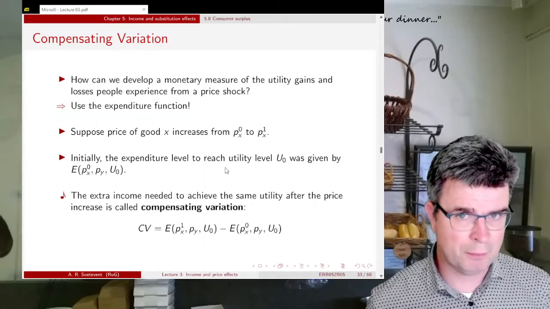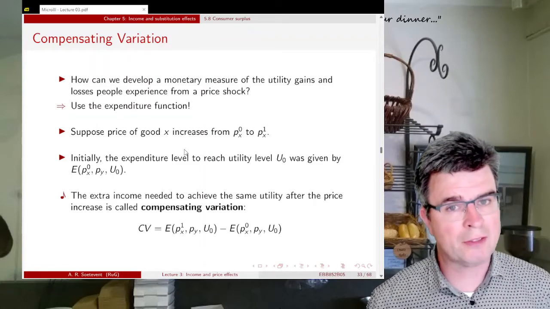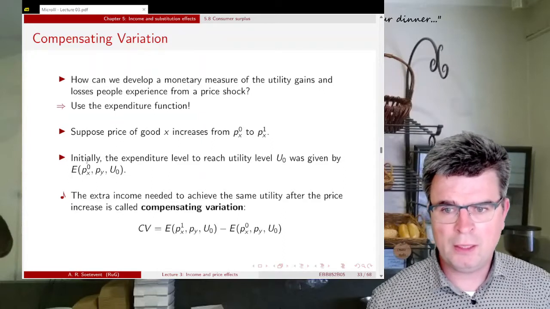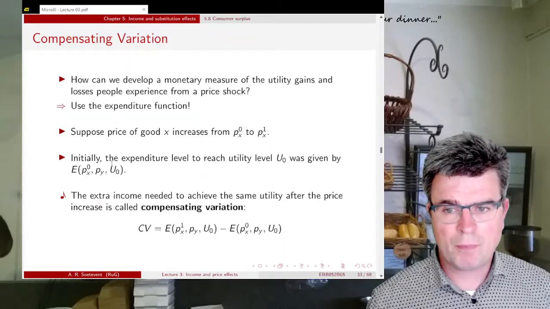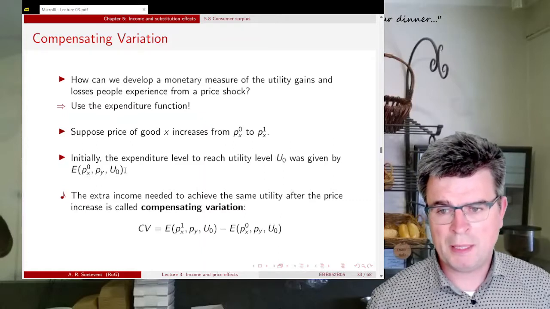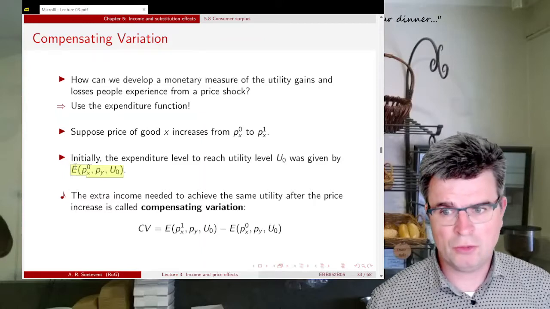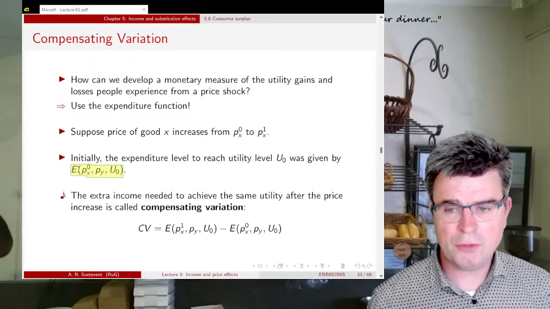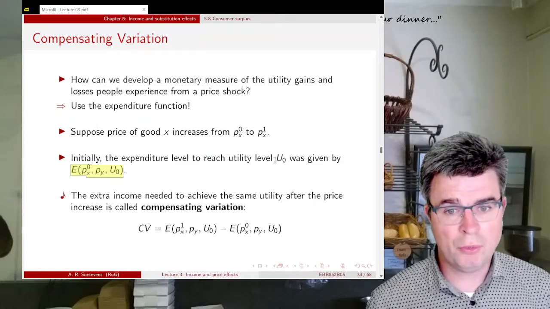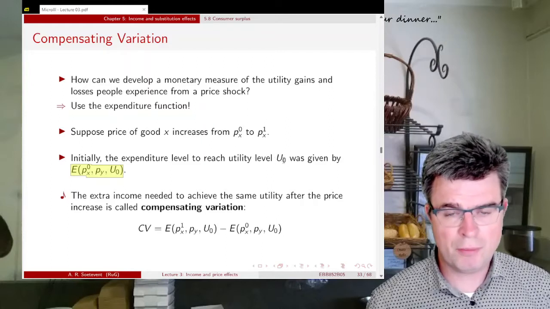So suppose that the price of a good X increases from P0 to P1, and initially we could reach a utility level U0 when we would spend total expenditures equal to this expression over here. So this is the initial expenditure level that we need in order to reach our initial utility level U0.